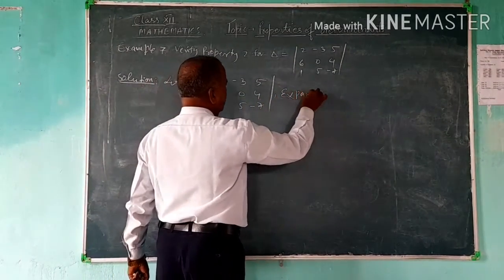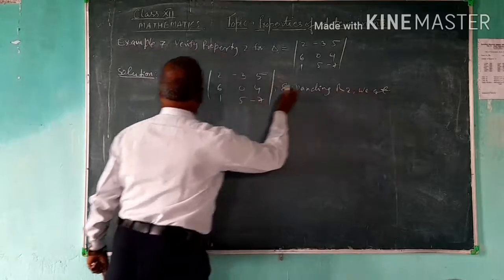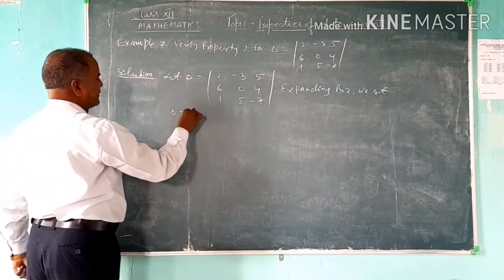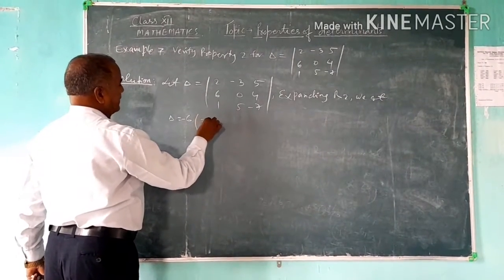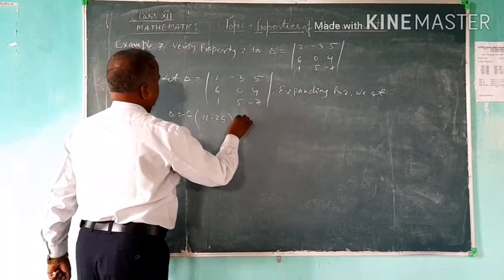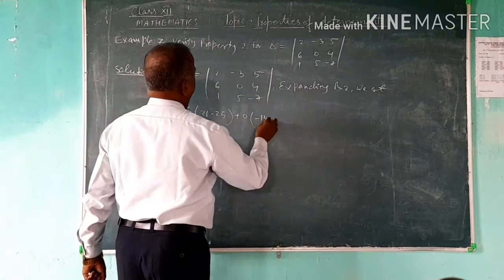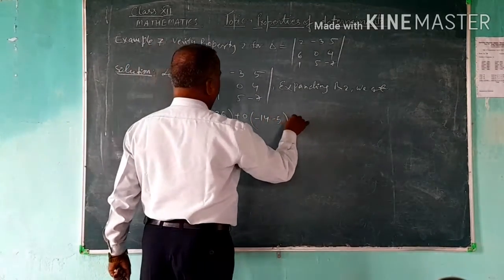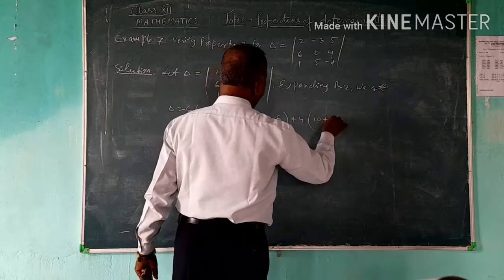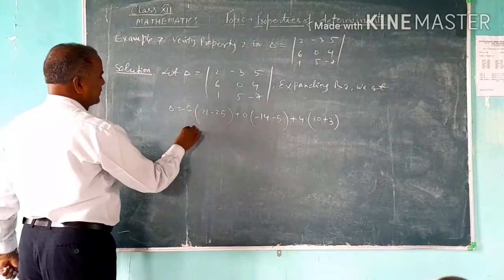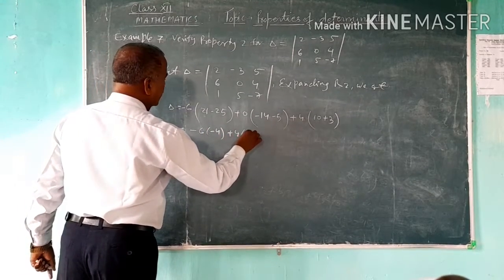Expanding along R2, we get delta is equal to minus 6 into (21 minus 25) plus 0 into (minus 14 minus 5) and plus 4 into (10 plus 3). So this is equal to minus 6 minus 4 and plus 4 into 13.